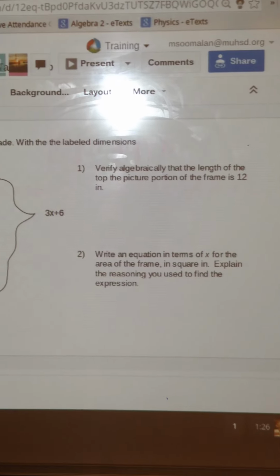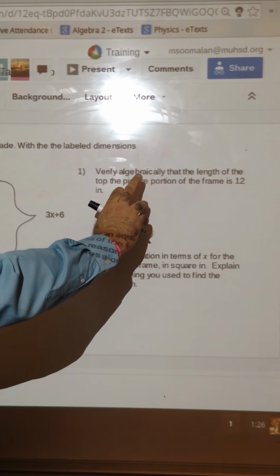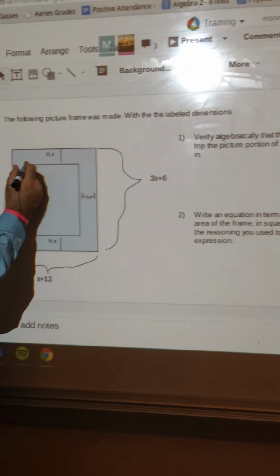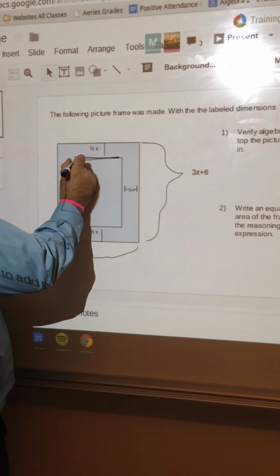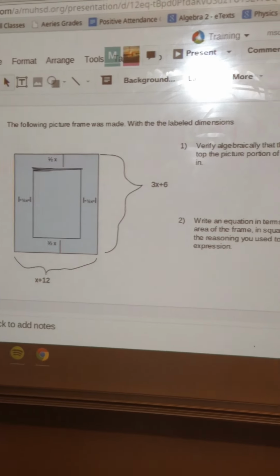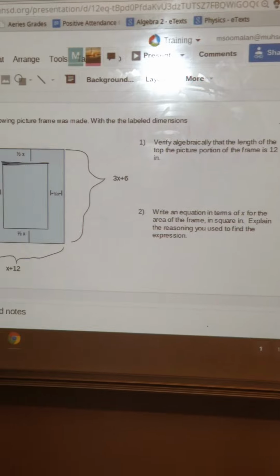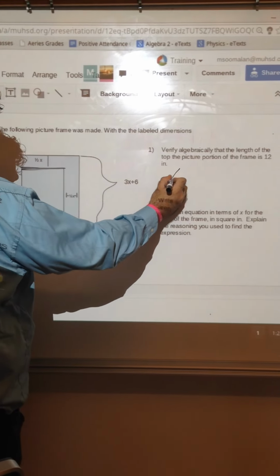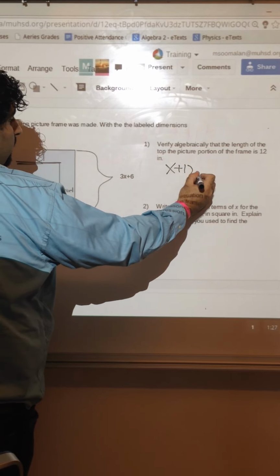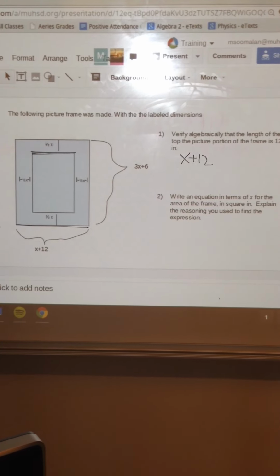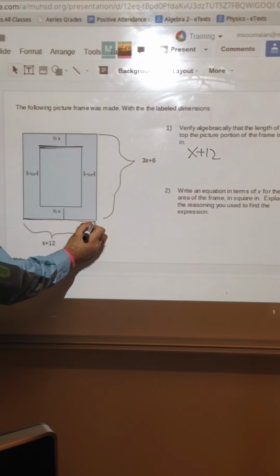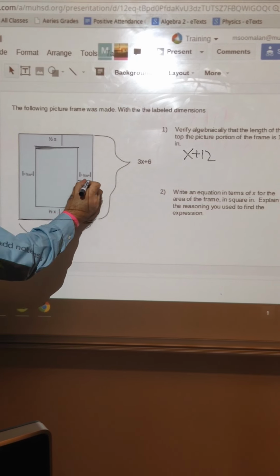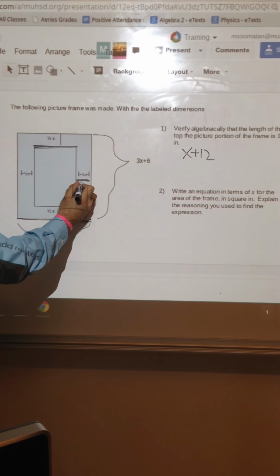Alright, so we want to find an algebraic proof that this section equals 12. The way we're going to do this is we're going to take the total length, which in this case is x plus 12, and we want to take away this part, which is 1/2 x.